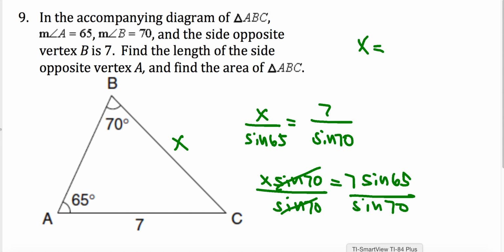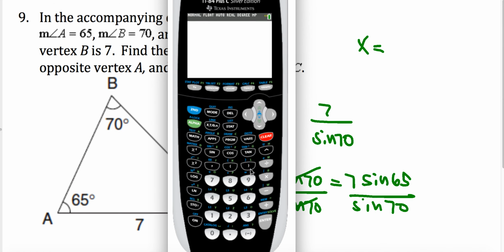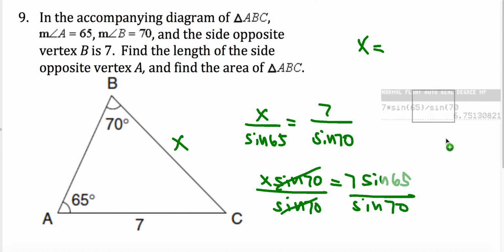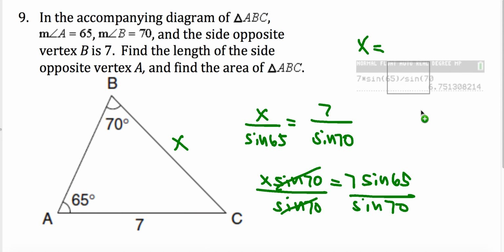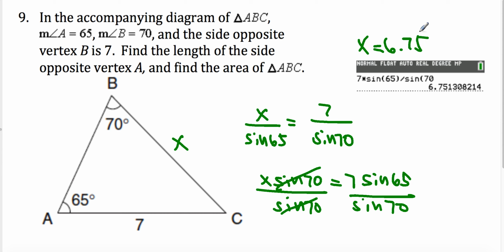And here x equals, that's the value. So 7 times sine of 65, divided by sine of 70. Then the value of x seems to be 6.75.